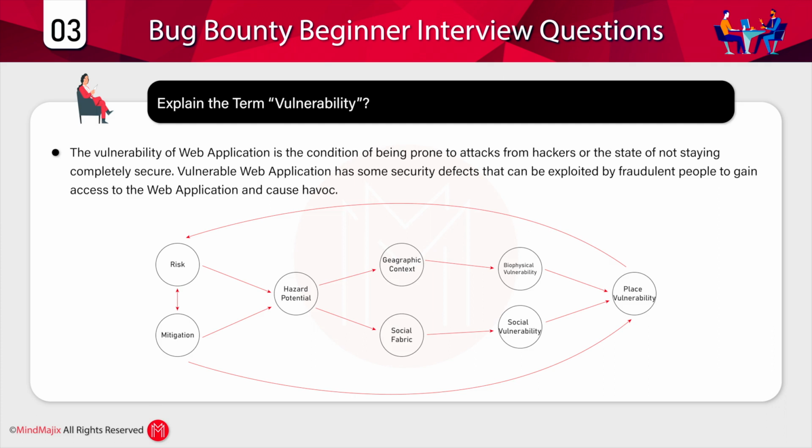Hackers will look for these loopholes and exploit that particular application using these vulnerabilities to gain unauthorized access to a web application, and they can do damage to it. So it's better to find the vulnerabilities before handing over the application to a client, so that we can fix them and prevent hacking of web applications.